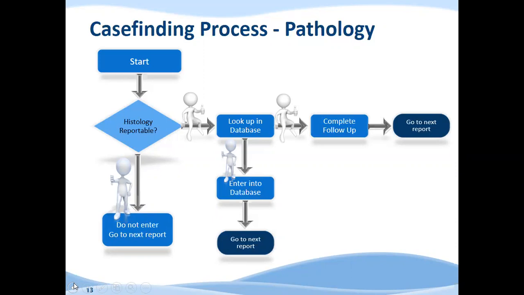If the patient is in your database for that prostate cancer, you can go ahead and update that abstract with that information that you have on that patient, and then you'd be done and you would go to the next report. Now, if that patient was not in your database, then you would enter that patient into the database and go on to the next report.